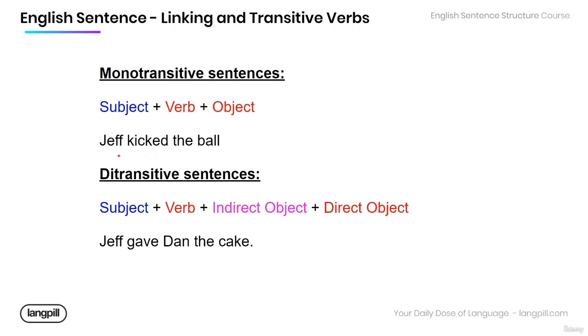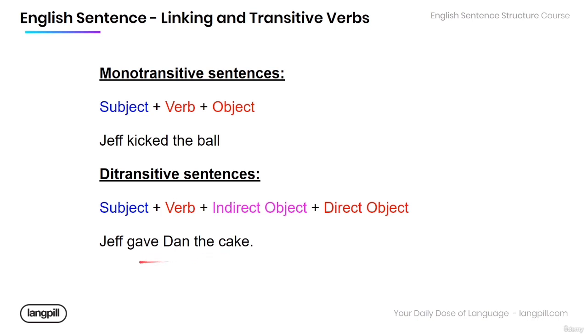There's a connection. The ditransitive sentences, okay, will have this subject, verb, indirect object, and finally direct object. So you see here, Jeff gave Dan the cake. So here we have Jeff is our subject, our verb is gave, okay? The indirect object is Dan, and the direct object is the cake.